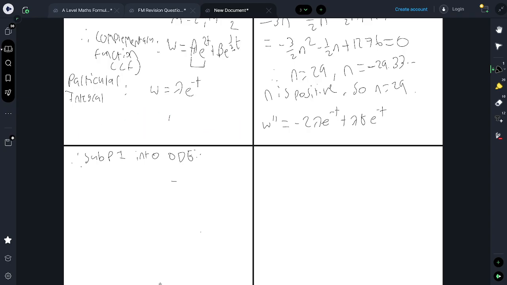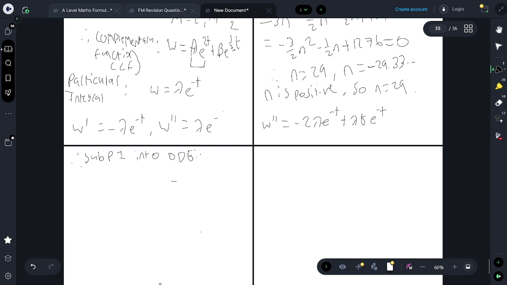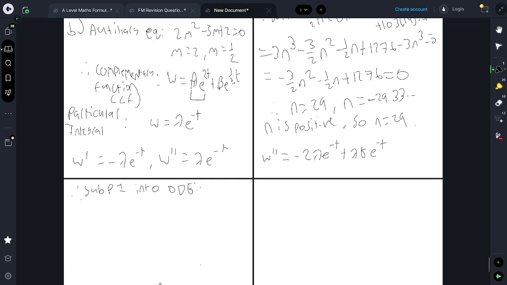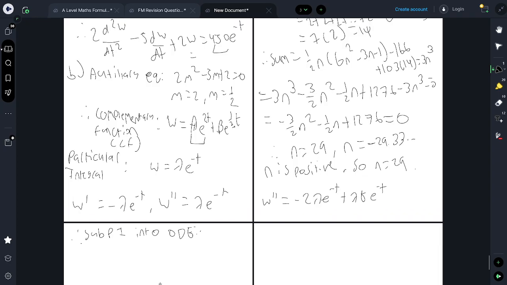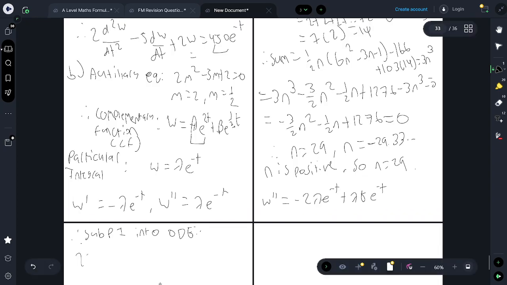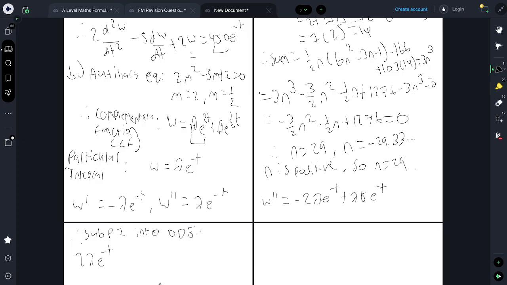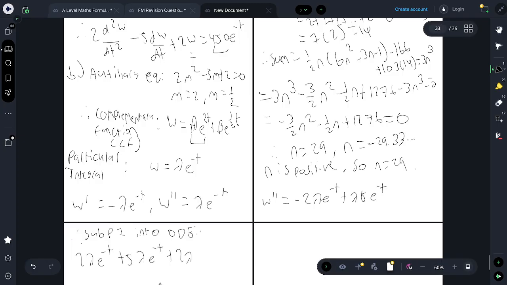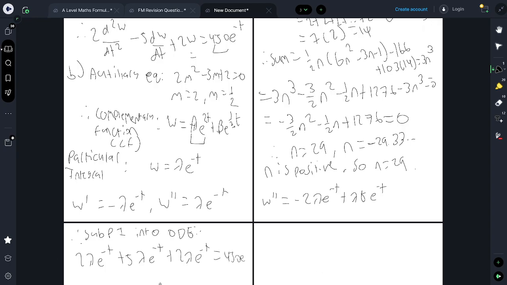Anyway, so really, it's what I did before, right? First time. So w dash is simply minus lambda e to the minus t. w double dash is going to be again lambda e to the minus t. Substitute that in. You get 2 lambda e to the minus t minus 5, that's plus 5 lambda e to the minus t, plus 2 w, so 2 lambda e to the minus t equals 450 e to the minus t.